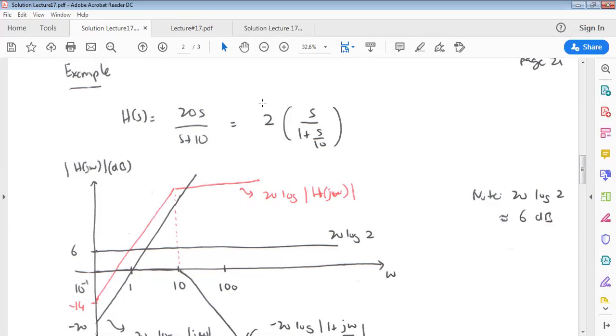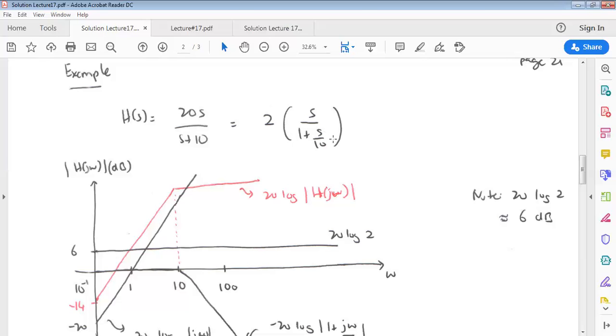I've taught you how to rearrange the transfer function and write the equations in this form, so you don't have to do this again for these examples. You can refer back to lecture 16. So we're going to have these components: a constant of 2, a zero at the origin, and a pole at 10.